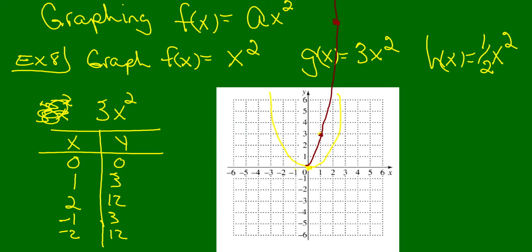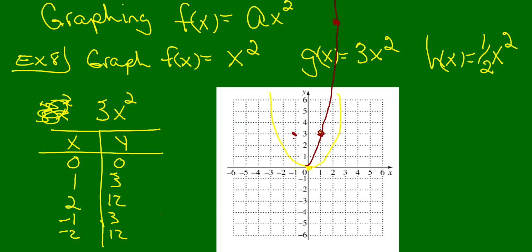The other points are going to be negative 1, 3. I'll go to the left 1 and up 3. It's just going to mirror, with my vertex here and my line of symmetry. So the points are going to be across from the first set that we made.